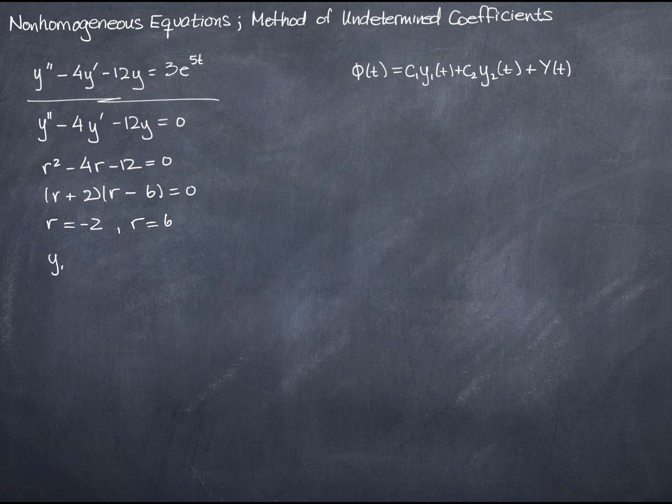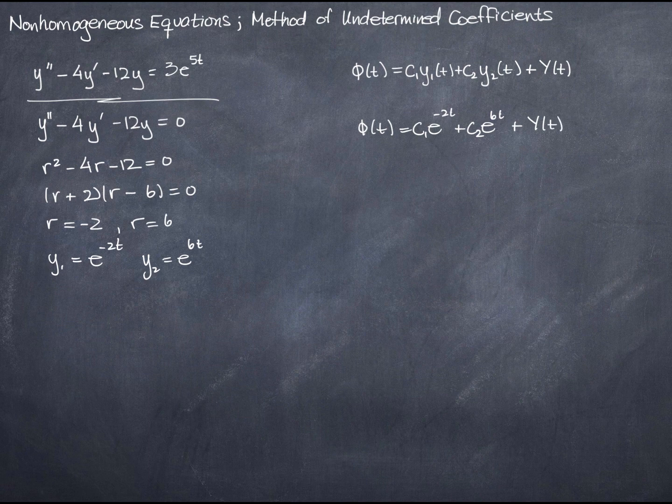So y1 is e to the negative 2t, and y2 equals e to the 6t. Well, there's my y1 and y2. So I'm going to have at least this much, c1 e to the negative 2t plus c2 e to the 6t plus some other function of t.